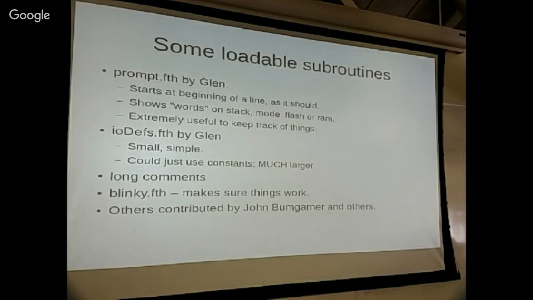So I thought of a way to make that a little simpler, and I created this thing called I/O definitions. And by the way, when it's a Forth program, I use a .fth extension, but Mecrisp, as you download it, uses a .txt extension for both text files and for loadable files. So I just changed that to make it a little more understandable.